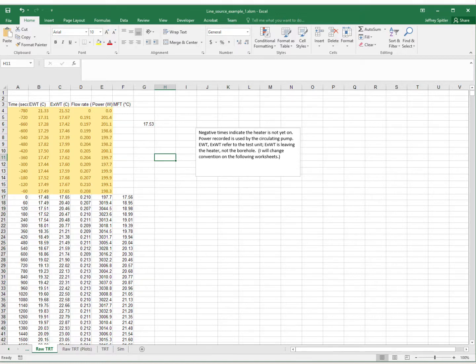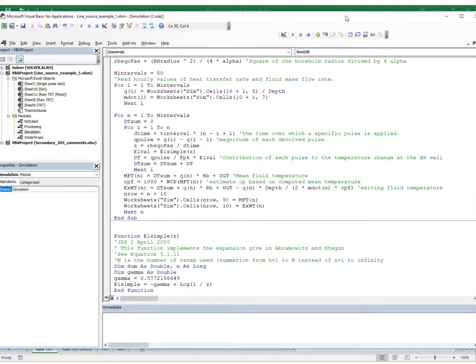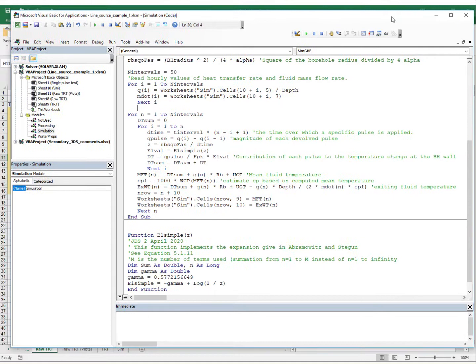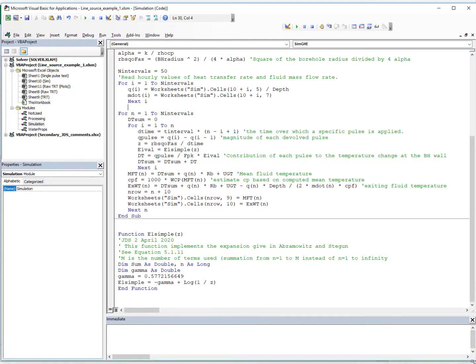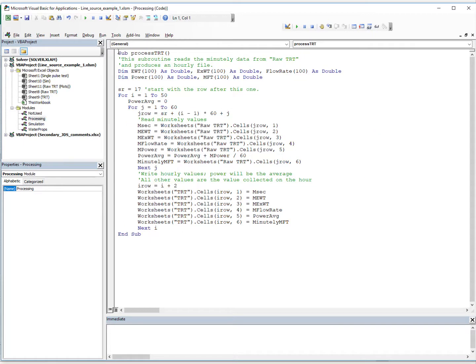And then there's another module called processing. This is the subroutine that took the minutely data and converted it to hourly.